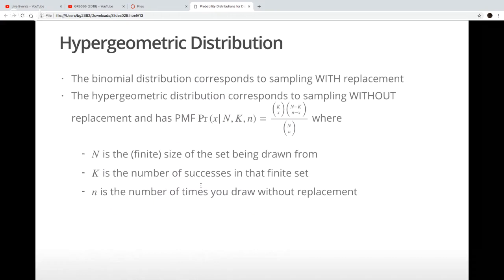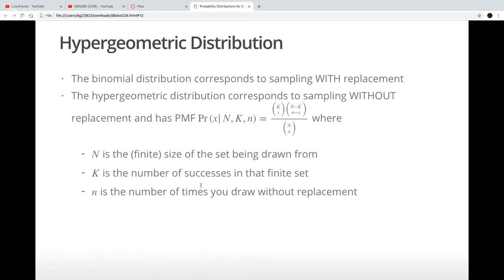The hypergeometric distribution is the distribution you want to use when you're thinking about a sampling process without replacement. So by taking one success or failure or whatever it may be out of the set, now you change the probability for your next draw from that set because you didn't replace it. And the hypergeometric distribution has a probability mass function depending on N, K, and little n that can be expressed as a ratio of choose functions.